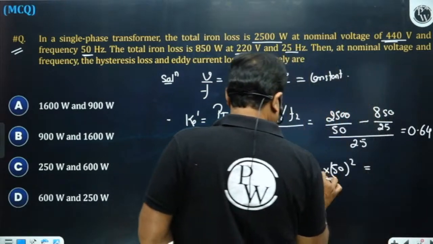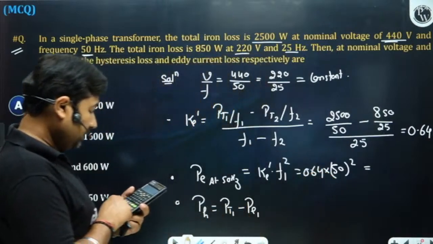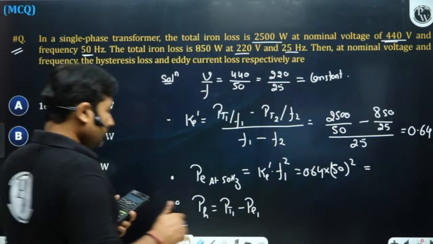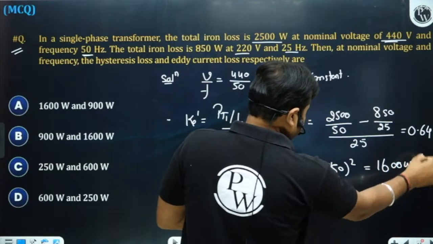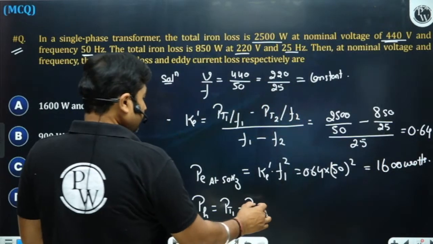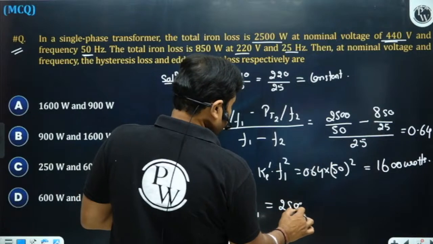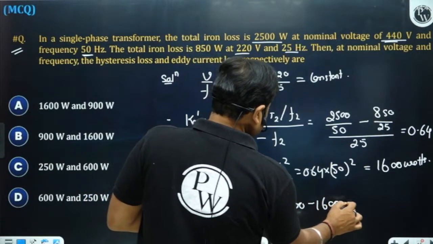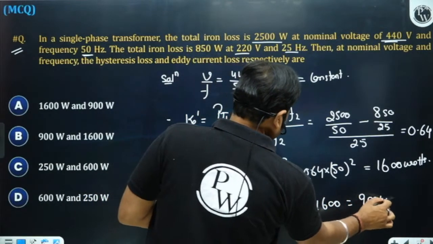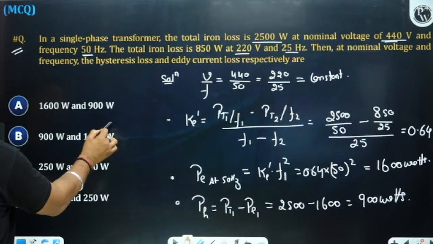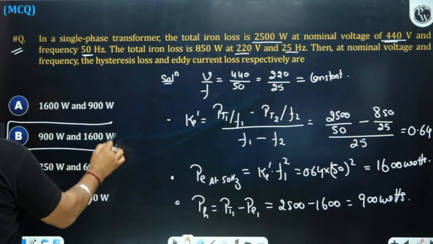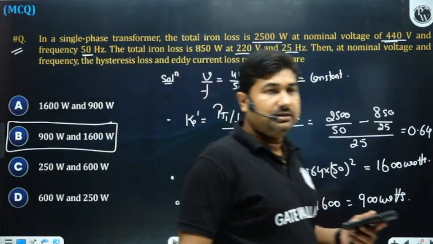So 0.64 into 50 square is 1600 watts. Total is 2500 minus 1600, that is 900 watts. So the eddy current loss is 1600 and the hysteresis loss is 900.